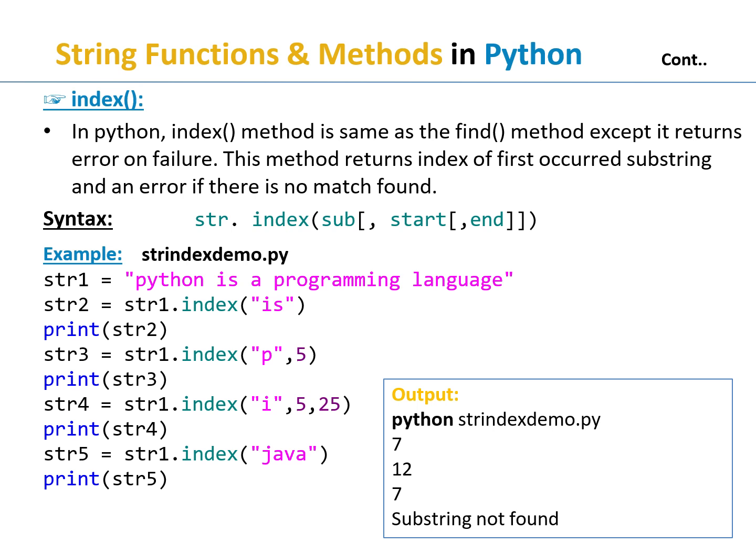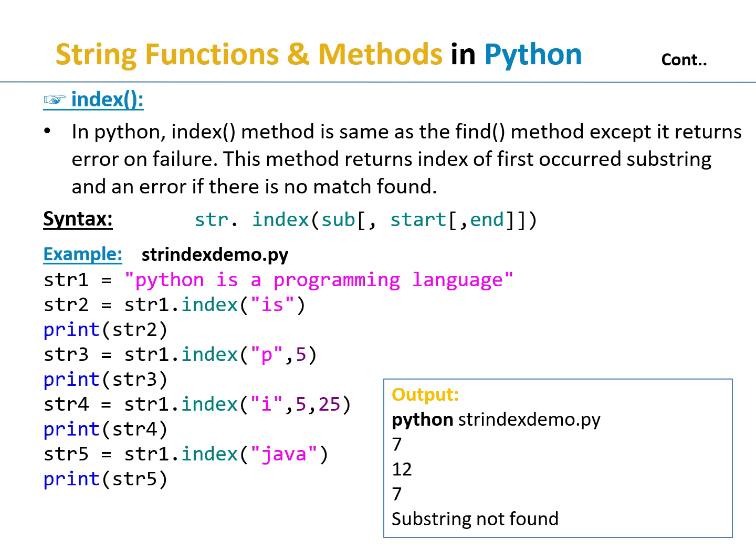Next, we will see a simple example program for this method, line by line. str1 equal to "Python is a programming language". str1.index("is") starts at index 7, so it prints 7. str1.index("p", 5) starts searching from index 5.